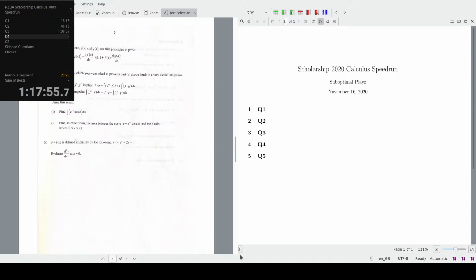Well, the fact that they say the integral of f prime g dx kind of implies that you should set f prime to be equal to e to the negative x and g to be equal to cos x. All right, let's see what we get if we do that. I think it should just work, but I'm not quite sure.